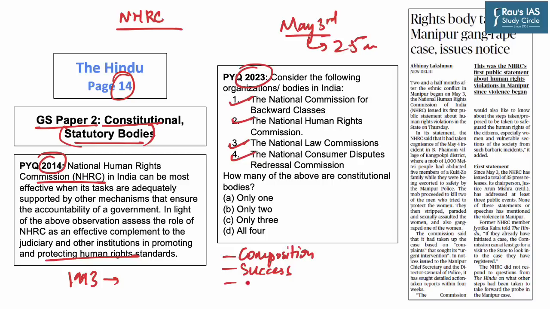Following which, we will discuss the factors that have led to the Commission being called a toothless tiger. In the end, we will take a look at the way forward, which will suggest steps in order to improve the functioning of such a commission. Hence, let us start off today's discussion with the composition of the National Human Rights Commission.